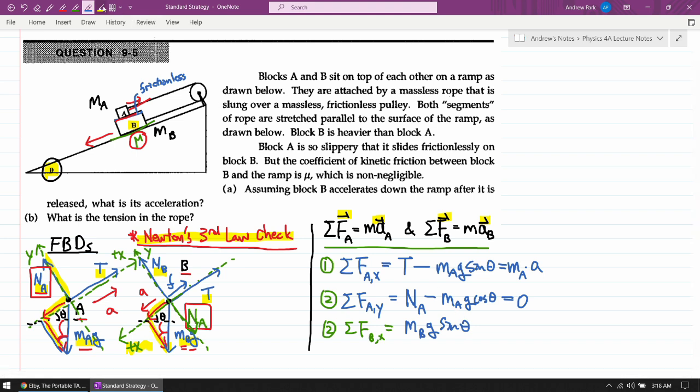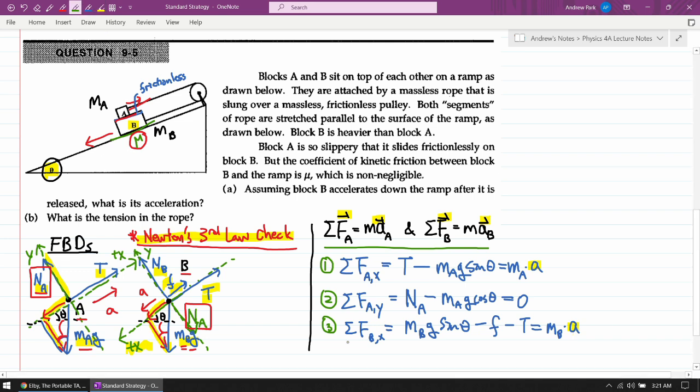And I have two other forces along the x direction, friction and tension. So that minus friction force and minus the tension force. That net force is equal to mass of B times acceleration. And it's the same acceleration, so we'll use the same symbol.